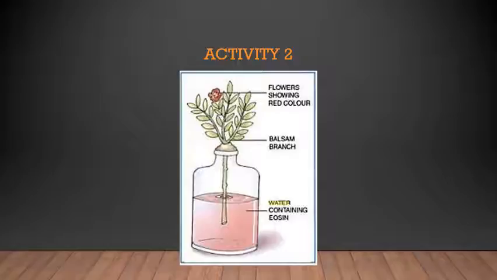Okay, that shows that the water which was present under moves up the stem. Okay, the color changing itself is showing that the water moves upward. Okay, so from this activity we see that the stem helps in upward movement of the water.